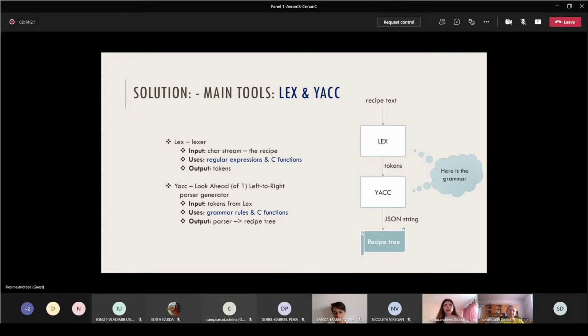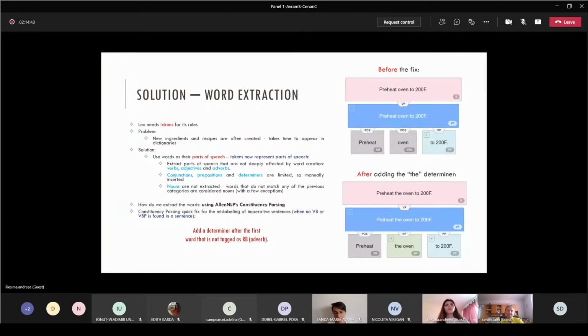So these tokens go to Yacc, where the grammar tries to match the sentence structure to the ones for imperative sentences, and then gives us an output, a JSON string, which is a tree representation of the recipe. And every group of words is labeled, and we have different levels. Okay, Lex uses tokens, so for the tokens, we actually need to identify the words. And how can we do this?